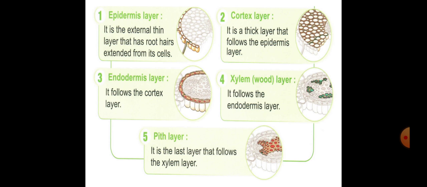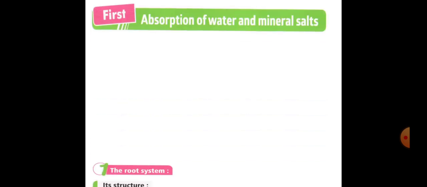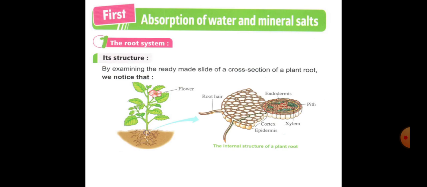So I have here five layers: epidermis layer, cortex layer, endodermis layer, xylem layer, and pith layer. So if you have a slide of a cross section of a plant root, you will find these layers, and the last one is the pith layer.